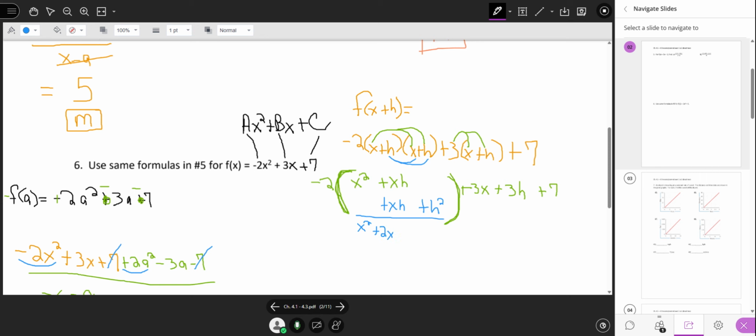combine your like terms. Yuck. Now, distribute that -2 to all three pieces.